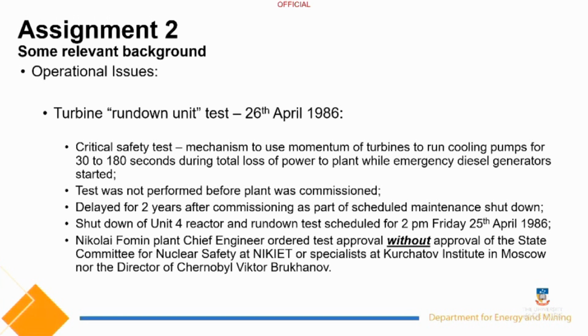The shutdown of Unit 4 reactor and the rundown test was scheduled for 2 p.m. in the afternoon of Friday the 25th of April, not the morning of the 26th of April in the early hours. Nikolai Fomin, who was the plant chief engineer, ordered the test approval without getting approval of the State Committee for Nuclear Safety or specialists at the Khrushchev Institute, nor the director of Chernobyl, who was Viktor Burkhanov.